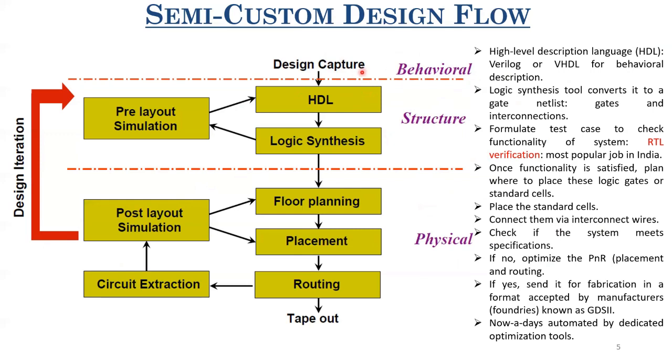For instance, if you're making a CPU, then you have to feed the HDL of different components like the ALU and so on. At the same time, you have to feed in the specifications in the form of the maximum delay that you can tolerate and so on. Once you do that, the tool itself synthesizes your netlist. Then the tool itself places the standard cells.